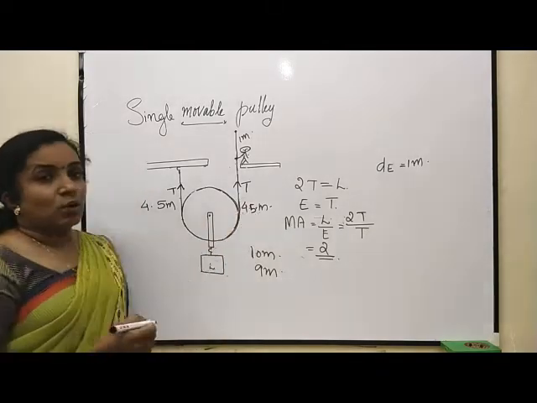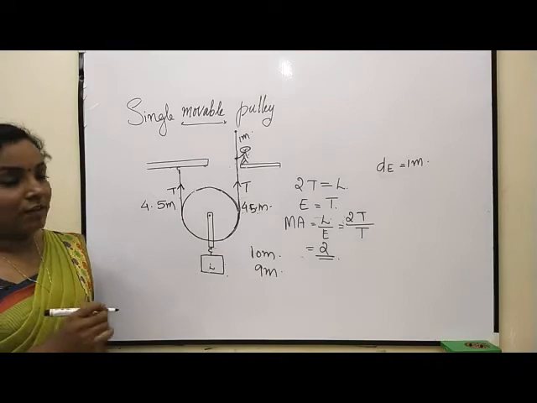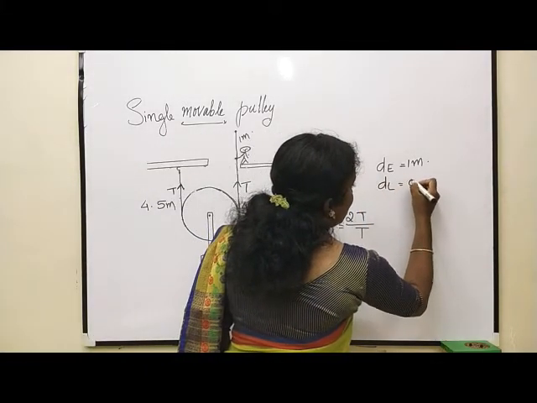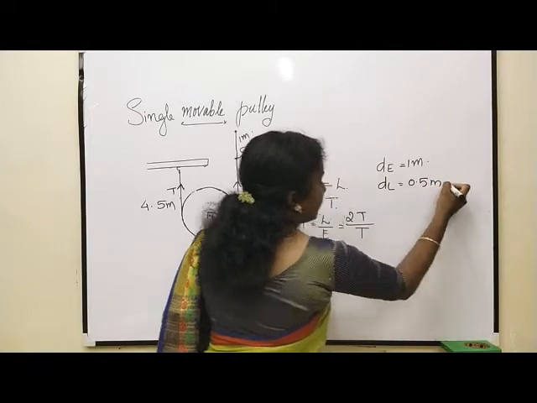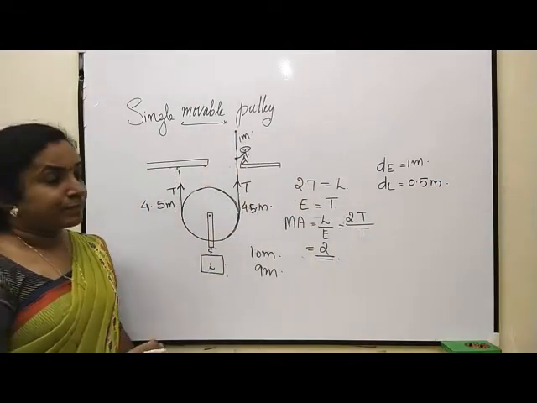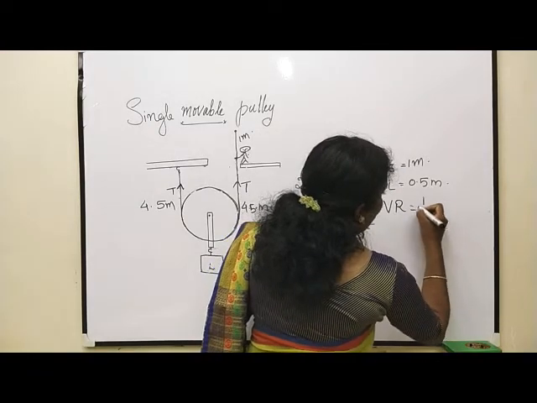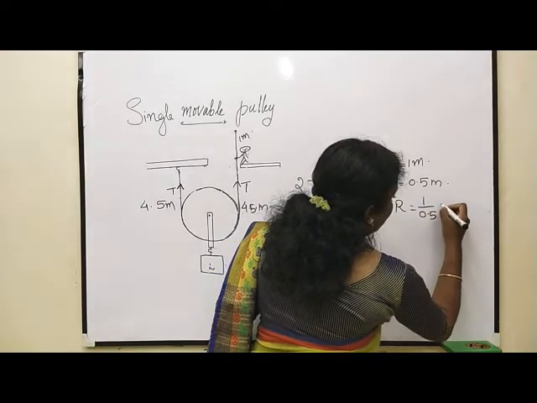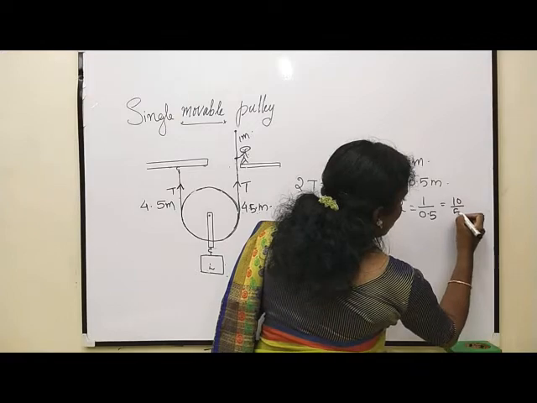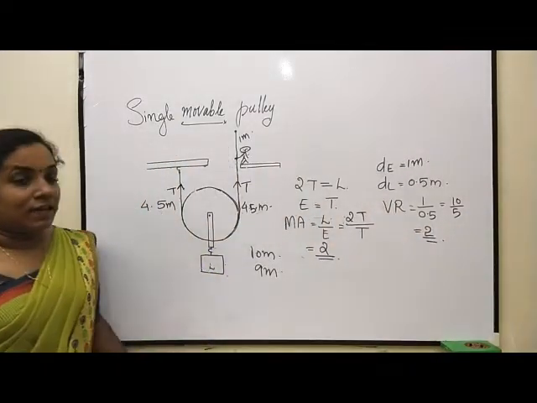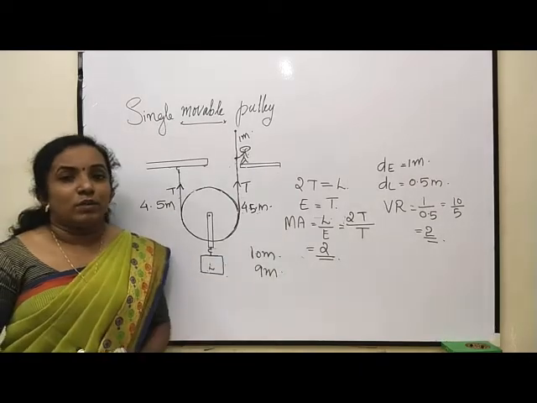Now the difference is only 0.5 meter, 4.5. So the displacement traveled by the load is 0.5 meter. Isn't it? Hence the velocity ratio is equal to 1 by 0.5, that is 10 by 5, which is equal to 2. So here the velocity ratio is also equal to 2.